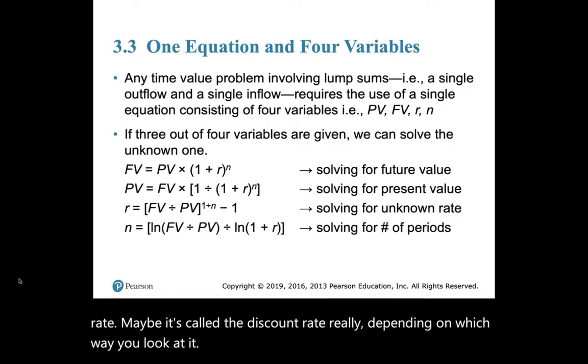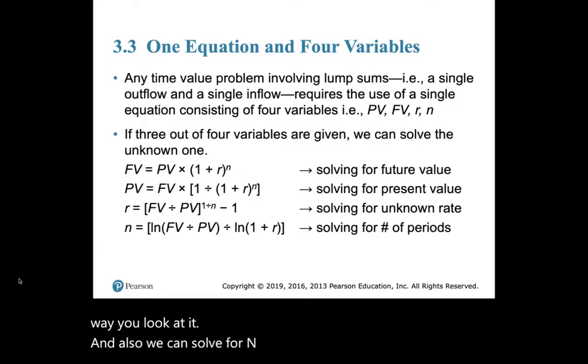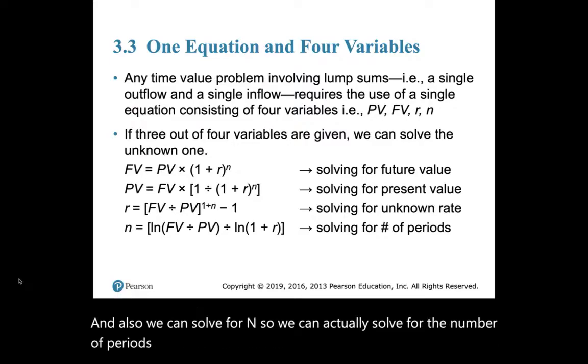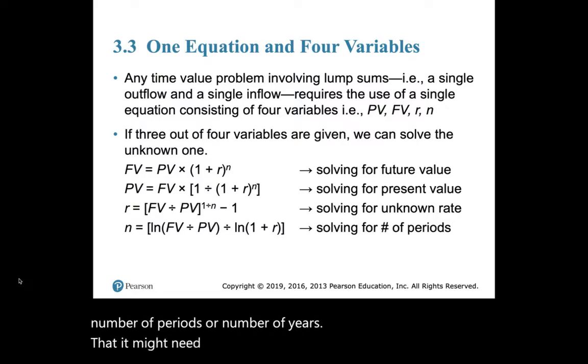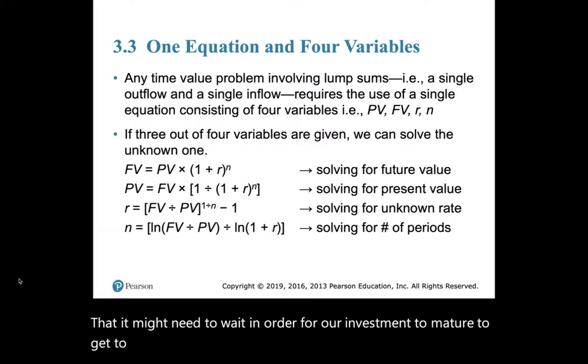And also we can solve for n, so we can actually solve for the number of periods or number of years that it might need to wait in order for our investment to mature to get to a certain amount that we want to invest for.